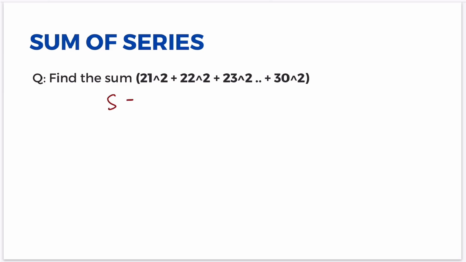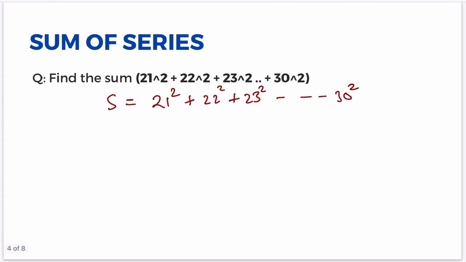They've asked you to give the sum of 21 square plus 22 square plus 23 square up to 30 square. Can you directly apply that formula n, n plus 1, 2n plus 1 by 6? Why or why not? Not, because that formula is used for finding the sum where the series starts from number 1 and not number 21.